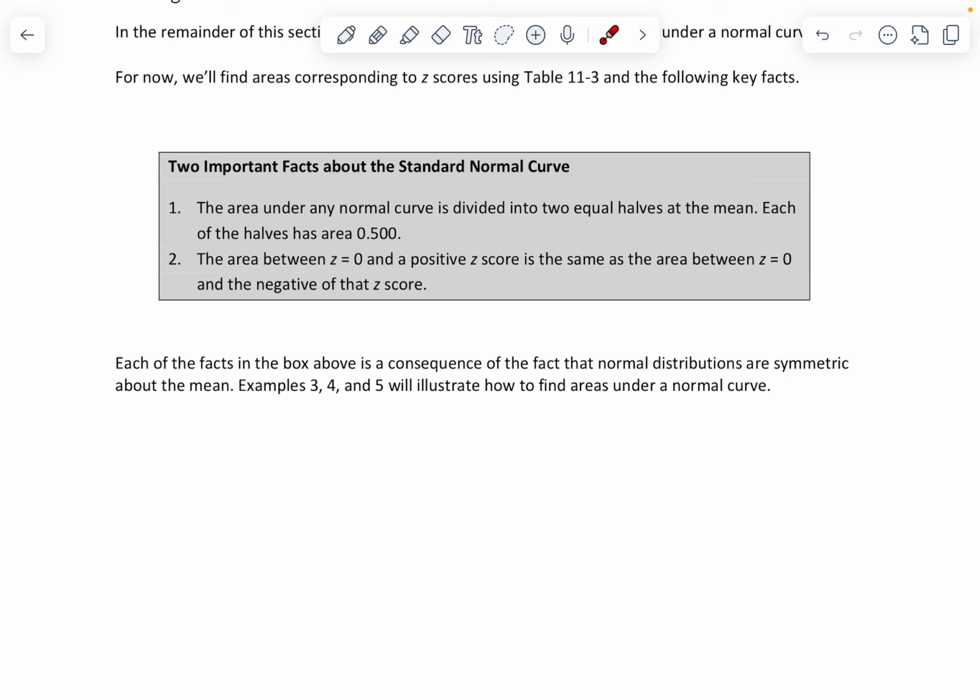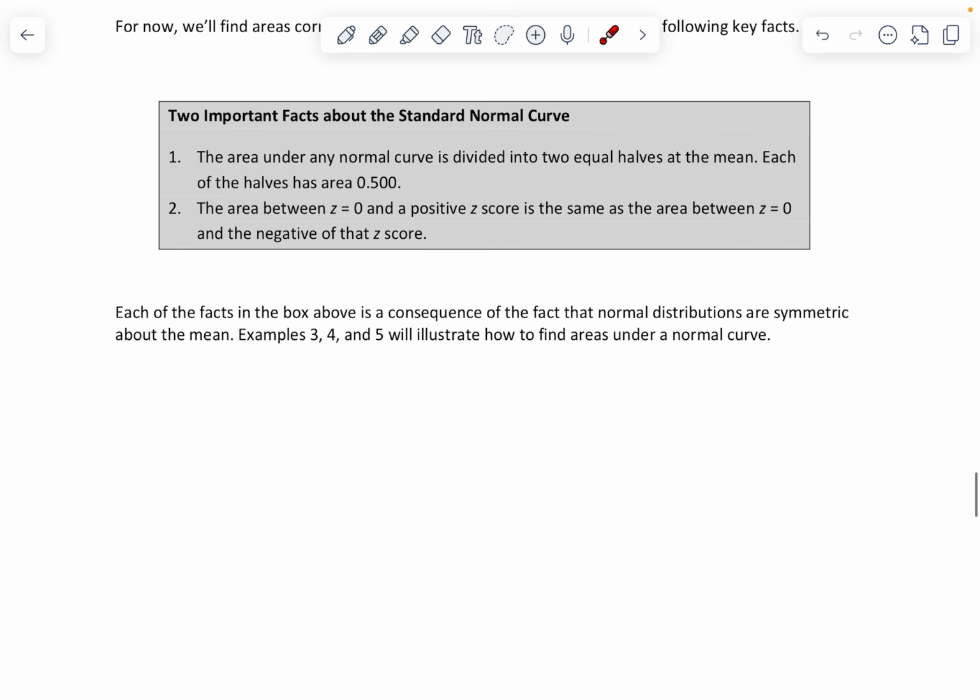Remember, the z-score of 0 sits right in the middle. It corresponds to the mean of the standard normal distribution. Each of the facts in the box above is a consequence of the fact that normal distributions are symmetric about the mean. Examples 3, 4, and 5 will illustrate how to find areas under a normal curve.